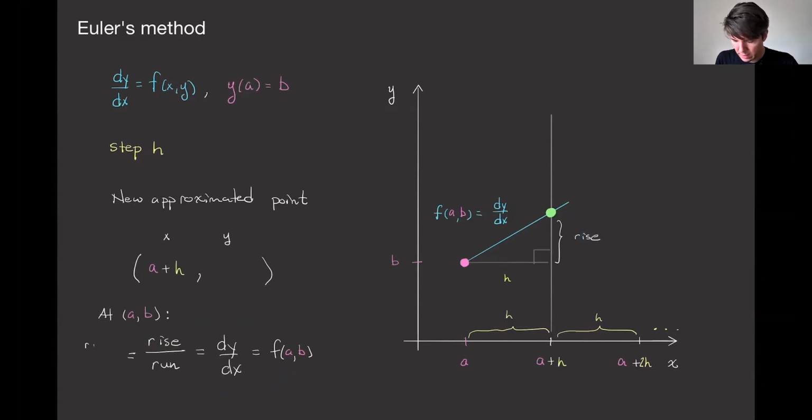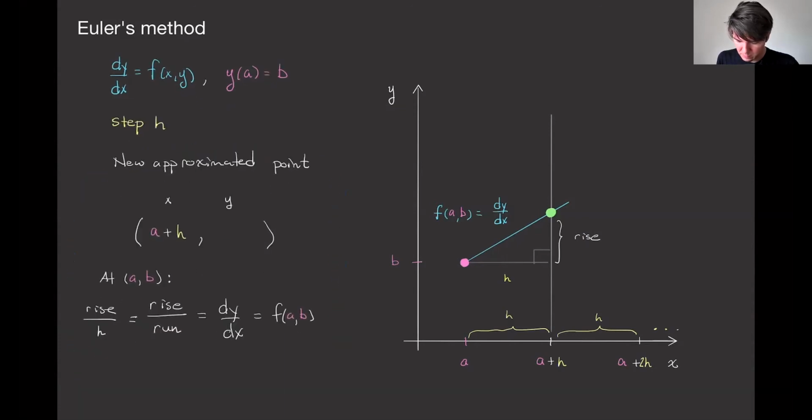So we have the rise over h. Now what is it going to take to find the rise? Just a little bit of algebra will give us, and let me move some of this up so we have more room, that the rise is going to be equal to h times f(a, b).